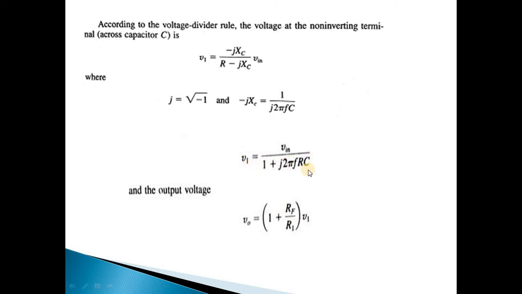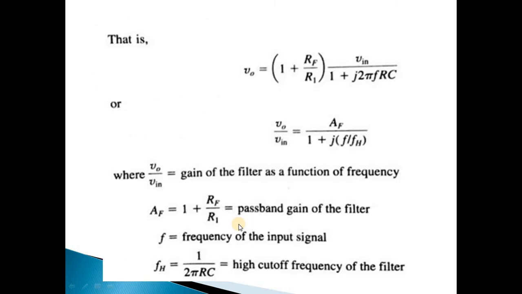So we have the formulation for V1, the voltage at the non-inverting terminal, and that voltage will be multiplied by the gain of the non-inverting amplifier, that is 1 plus Rf divided by R1, and this will be our output voltage. That is, Vout equal to 1 plus Rf divided by R1 into V1, where V1 is Vin divided by 1 plus j 2 pi f RC.